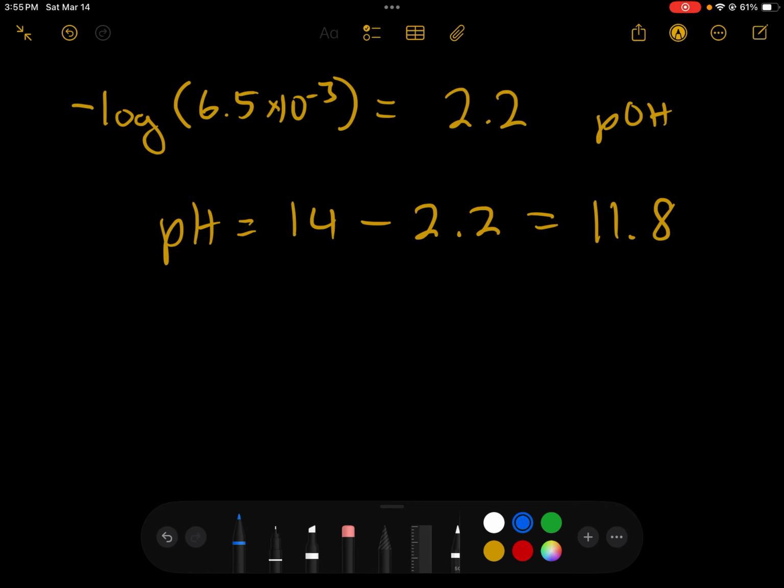So rather than rounding this to 12, which I know it looks like you should because there's 2 sig figs in both of those numbers that I just used, remember, when you do subtraction, you need to round to decimal places. And 14 does not count as part of those decimal places because 14 is considered an exact value. So whatever number you started with, this has 1 decimal place and we did subtraction. So my answer should in fact have 1 decimal place attached to it, which 11.8 absolutely does.